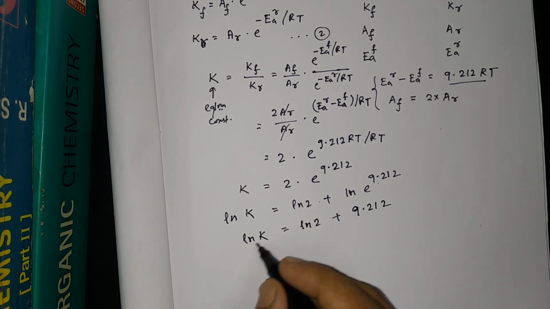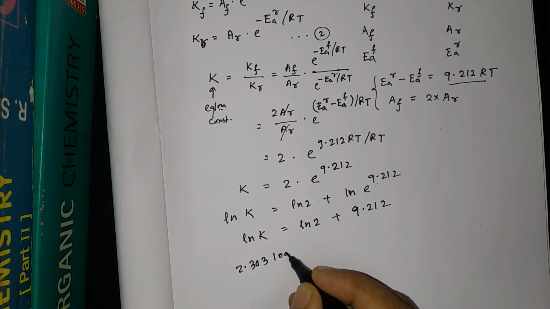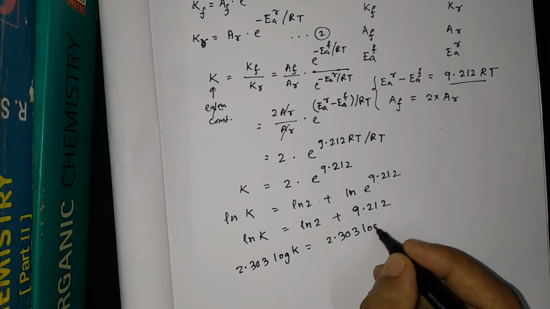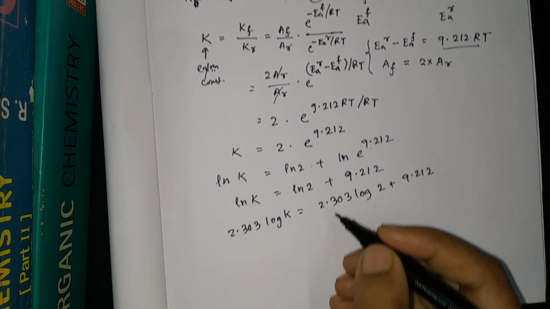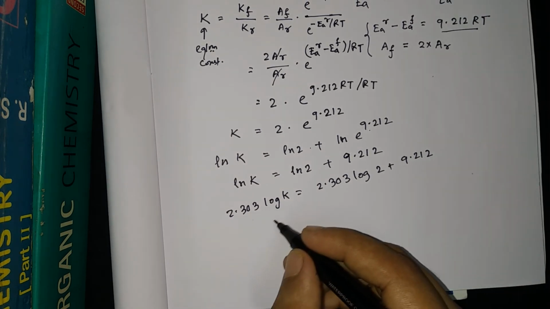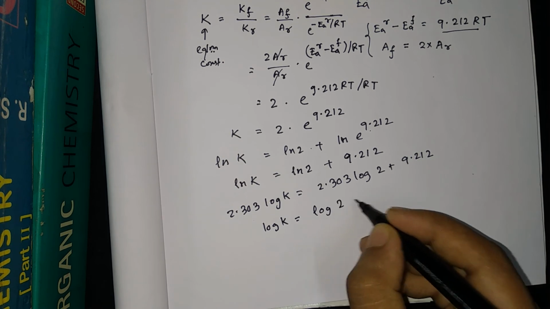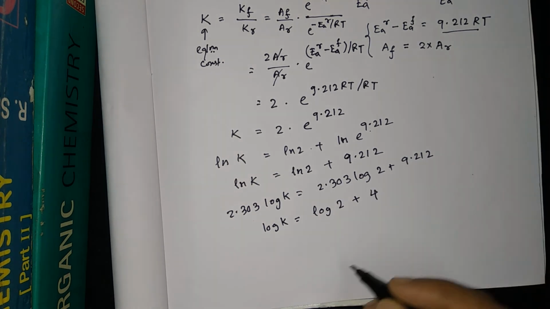So guys, ln K we can write as 2.303 log K equal to 2.303 log 2 plus 9.212. Now we have to divide both sides by 2.303. Then we will get log K equal to log 2 plus, if you divide this one by 2.303, we will get 4.